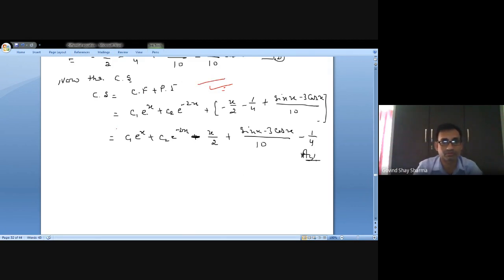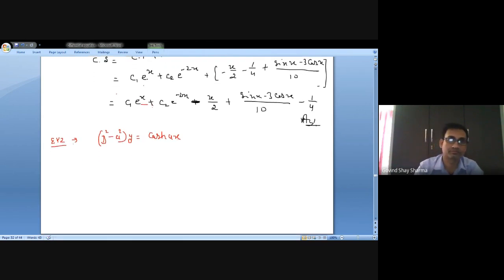Now second question. Now it's the class solution. Now we make the auxiliary equation.